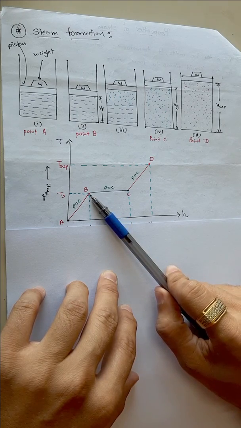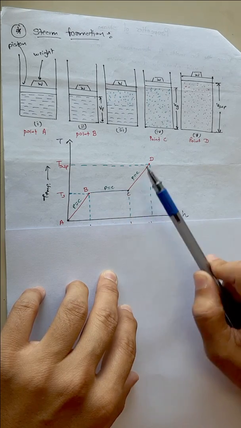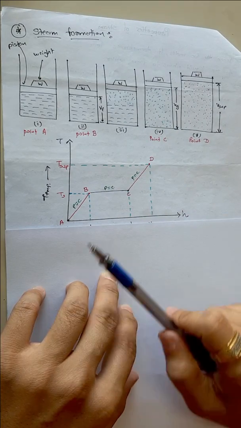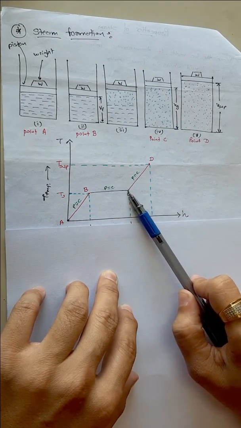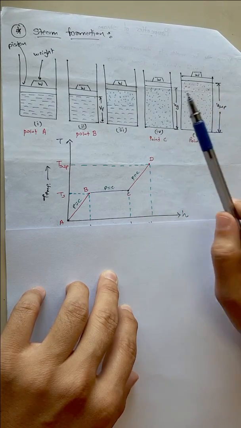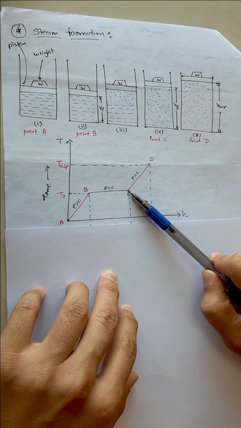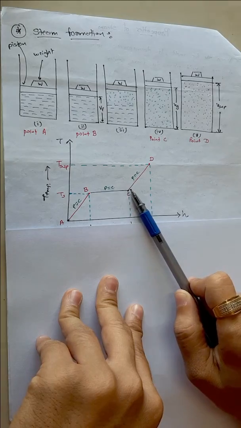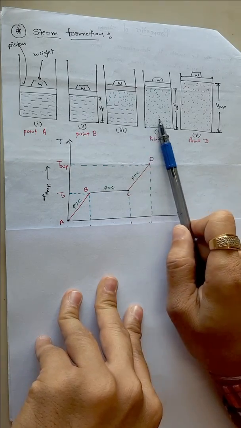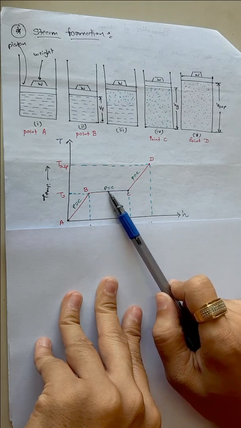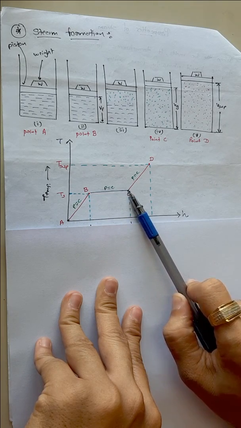From point B to point C we can observe the phase change phenomenon. At point C, as we can see here, all the particles are dry, so this state is called dry saturated steam. From point B to point C we do not experience any change of temperature, so this process is at constant temperature.